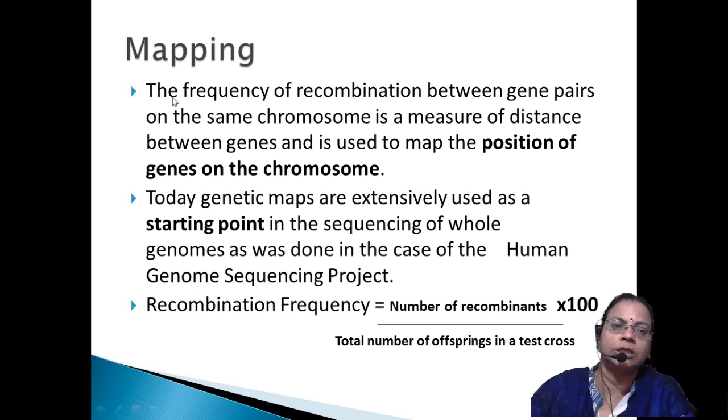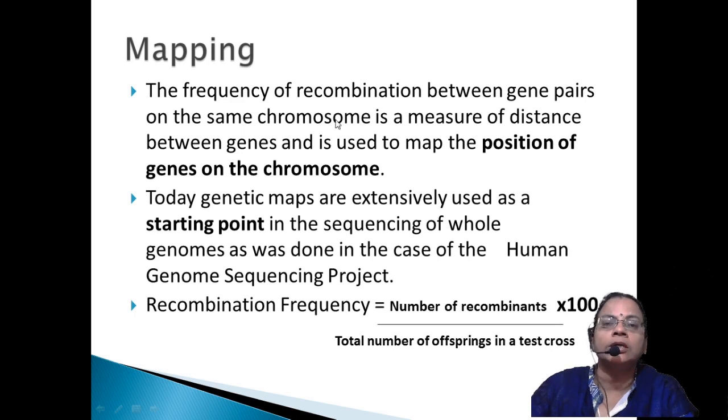So you can see A and B, then B and C. And if you take A and C, the distance is 4, meaning you can say the order of genes is A, B and C.